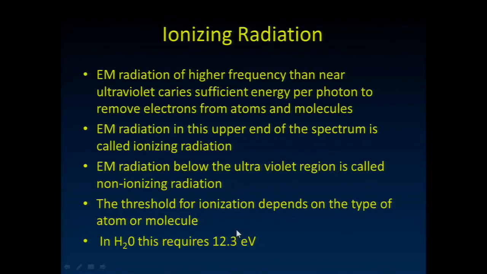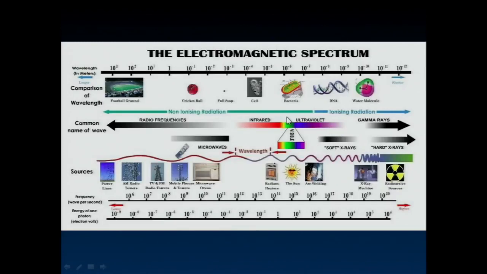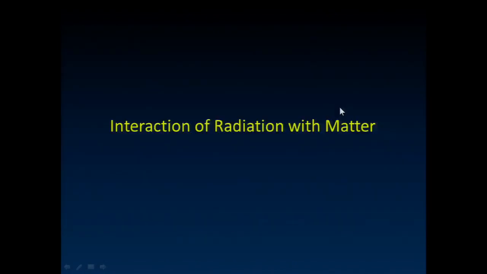And if you look back at the chart that I had, or on this one right here, that ionizing radiation falls right in that range we were talking about, around 12 electron volts or so. So below that level, there's just not enough energy to remove electrons from the shells of atoms or molecules.